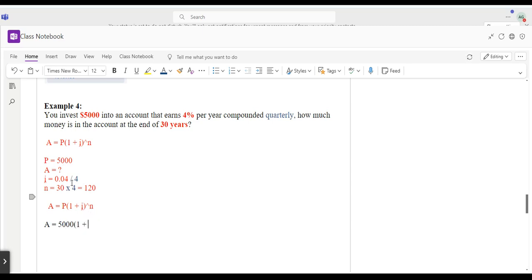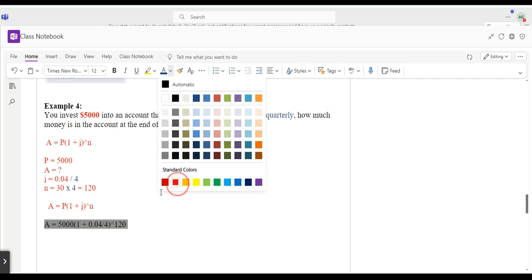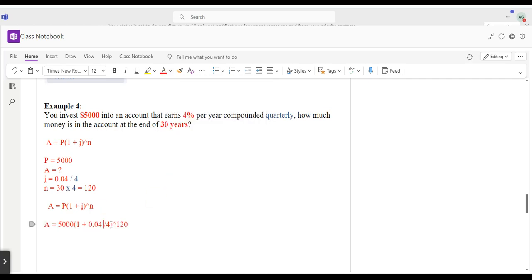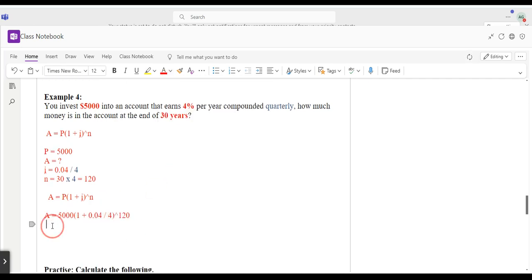Instead of i, we will write this 0.04 divided by 4. The exponent part stays the same, and instead of n, we will write 120. And if you so choose, you can put spaces in here to make it a little bit easier to read.